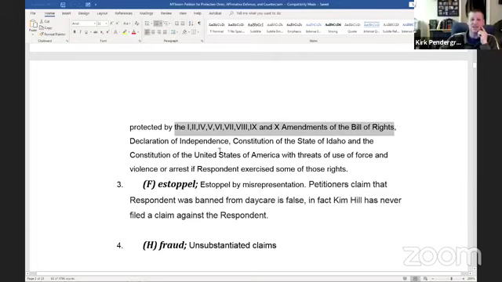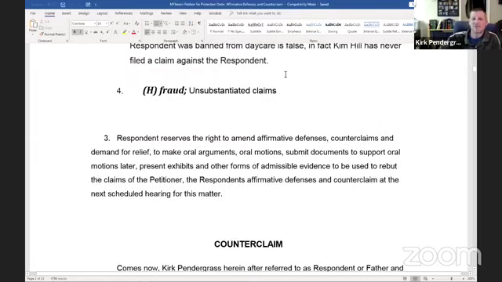I'm making my claims here. These are affirmative defenses that she's not entitled to anything. Here's the estoppel. Put a stop to this. Petitioner's claim the respondent was banned from daycare is false. Trying to stop me from going into daycare.